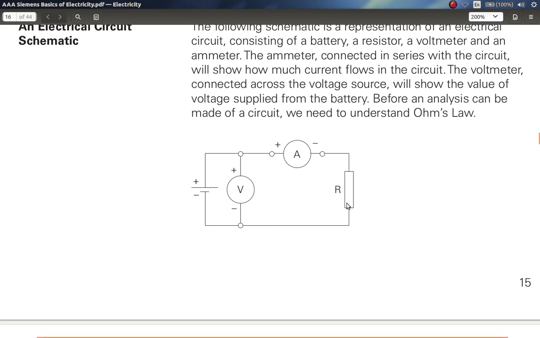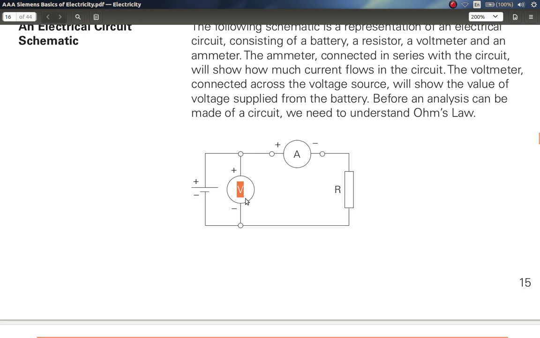R, in this case, is the resistance, and you can measure the voltage of the battery using this, which can be represented by a voltmeter. And A, the amperes, can represent an ammeter that you use to measure amperes.